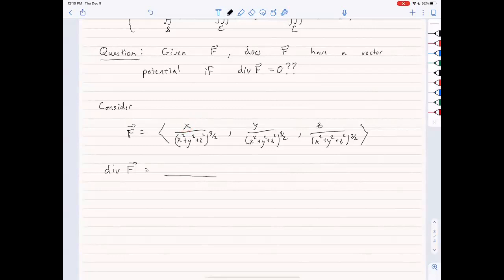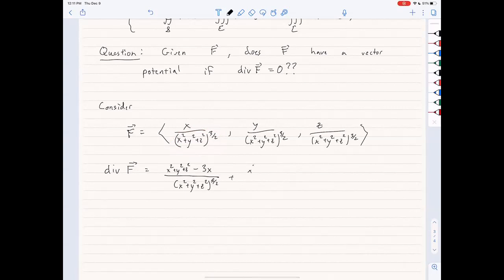But now I want to multiply by one copy of x squared plus y squared plus z squared. And then I'm going to subtract the derivative of the denominator, using the power rule. The derivative of the denominator will be 2x times 3/2, so I get 3x.